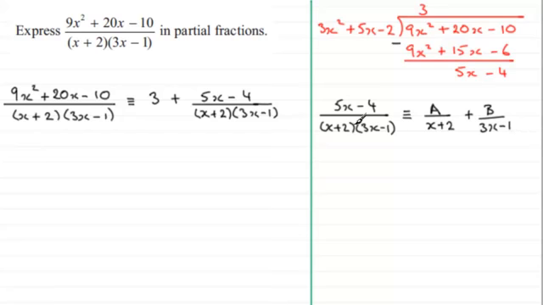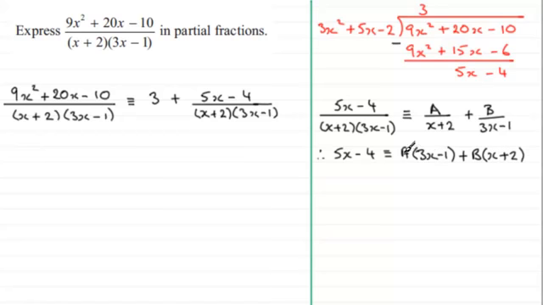What I do next is whatever I have here, I multiply both sides by it. So I'm going to multiply both sides by x plus 2 times 3x minus 1. And that's going to leave me with 5x minus 4 on the left. So 5x minus 4 is identical to a multiplied by 3x minus 1, plus b multiplied by x plus 2.